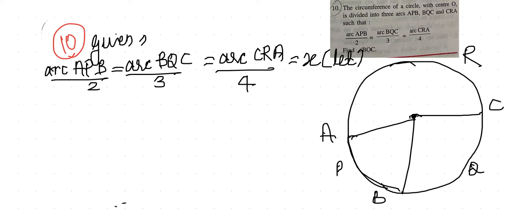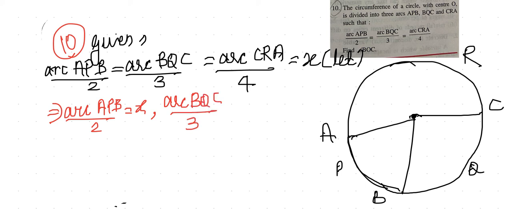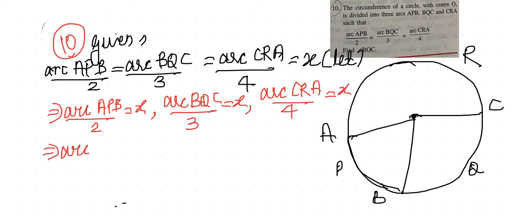So what you will be writing, this implies arc APB divided by 2 is equal to X, because each of them is equal to X, comma, arc BQC divided by 3 is equal to X, and arc CRA divided by 4 is equal to X. So this further implies that arc APB is equal to 2X.